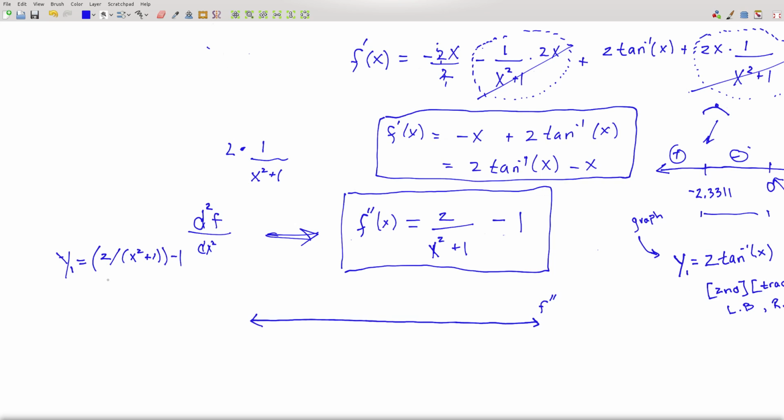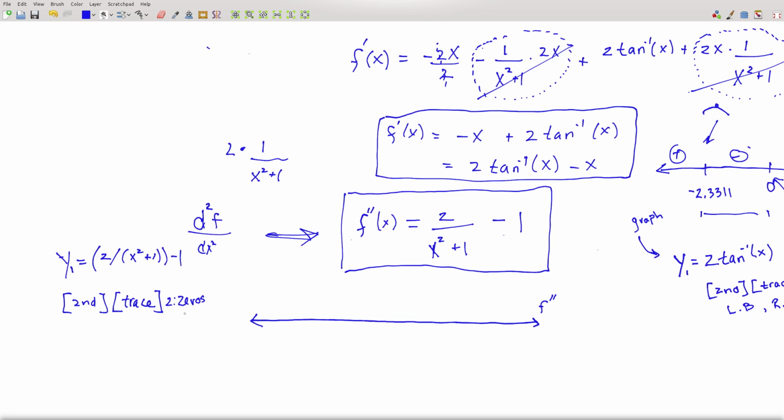You can graph this, and using the graph you can hit second, trace, choose the second choice, which is zeros.